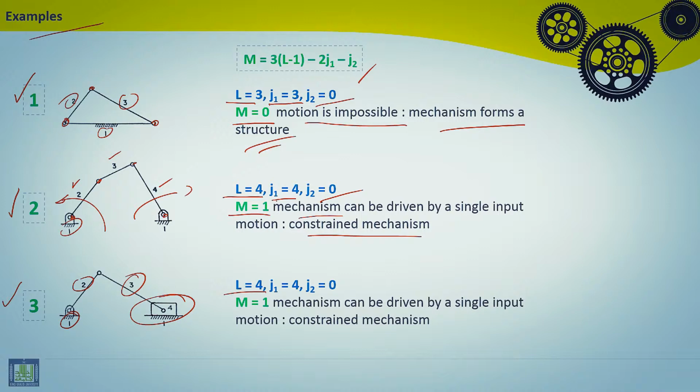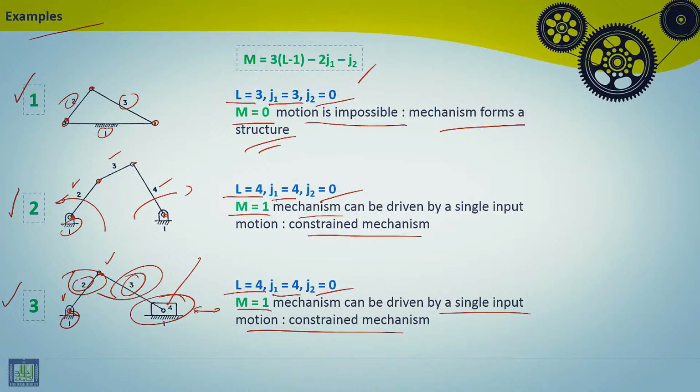So here, M is equal 1. 2 is the crank, third is the connecting rod. So J1 equal 4, rotation, rotation, here, and here also rotation, and sliding here. No higher pair, so M equal 1, mechanism can be driven by a single input motion, constrained mechanism.